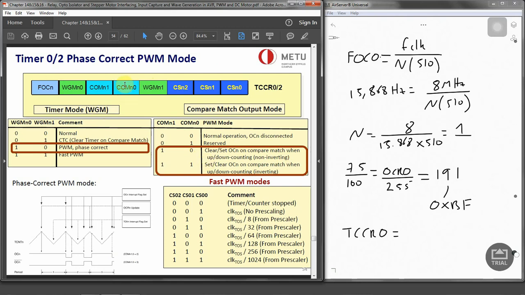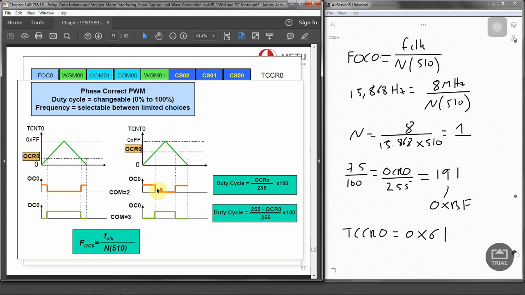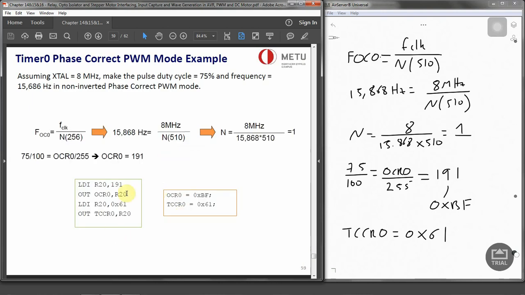So this is going to be 6 again. This one is going to be 0 0 0, and there's the prescale 1, so it's going to be 0 1. So it will be 6 and 1, the TCCR0 value. So in the end, we'll have the following code for TCCR0.